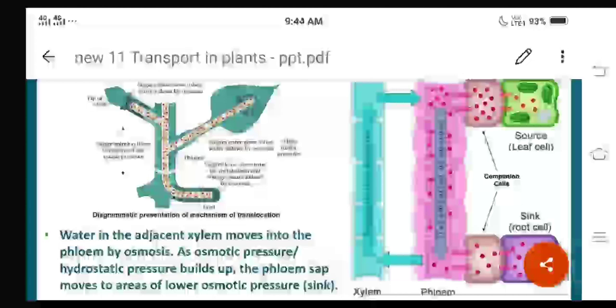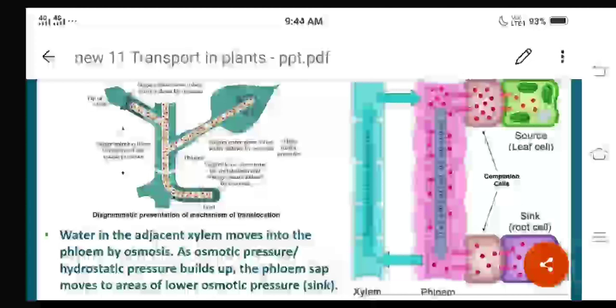Because of the entry of water into the sieve tube or into the phloem, osmotic pressure, which is also considered as hydrostatic pressure, will build up in the phloem. Because of the pressure difference in the plant, the food will move from one part to another part.